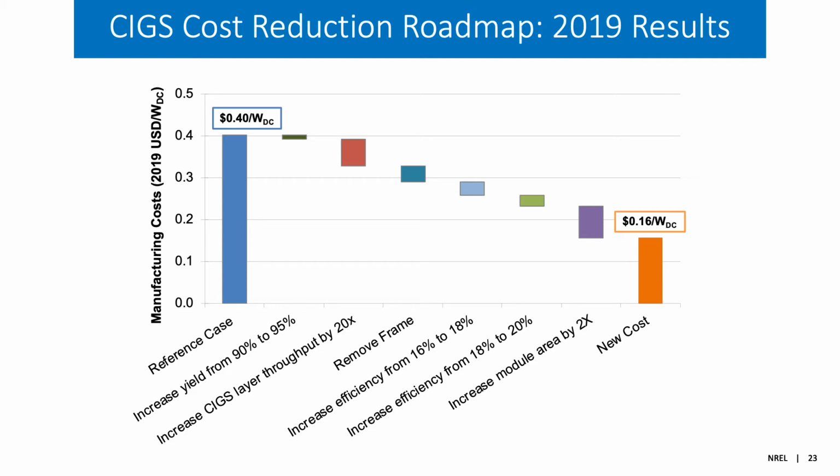A much larger effect could come from increasing the throughput of manufacturing the CIGS layers. So in this case, that's the combined throughput of sputtering the CIGS precursors as well as the salinization and sulfurization step. But the vast majority of the time is spent in that batch salinization and sulfurization process, like I mentioned.